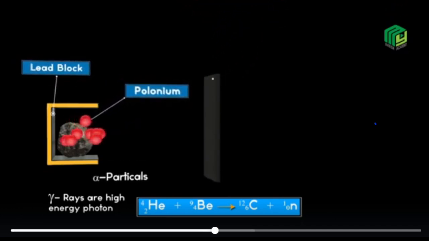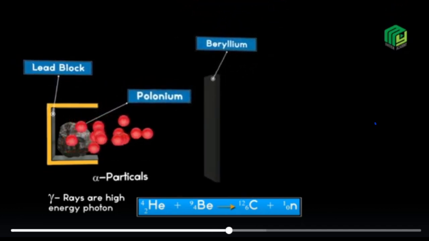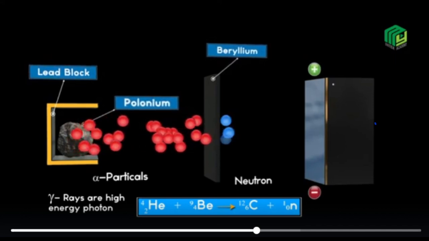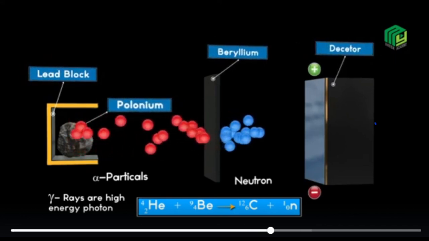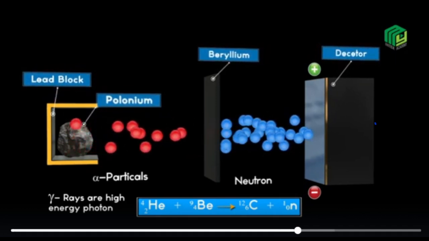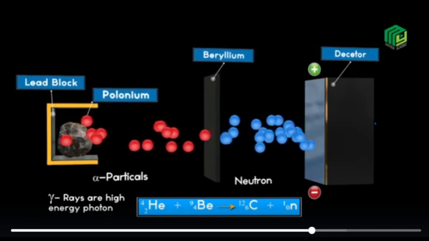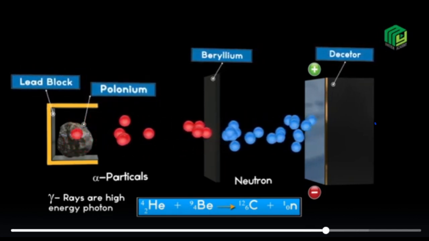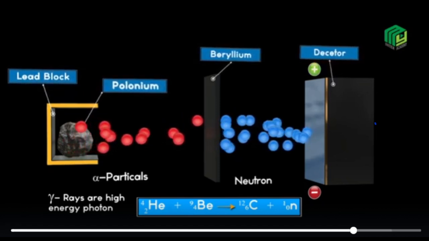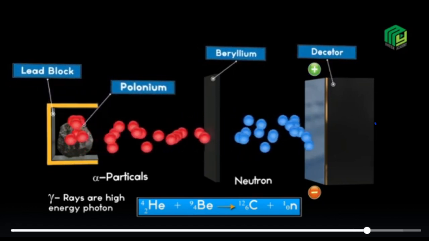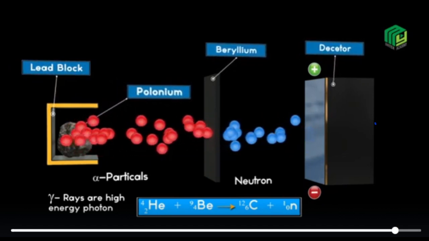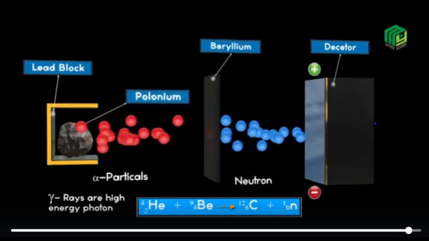When alpha particles strike the beryllium metal, they release one neutron with the formation of carbon. A detector was placed after the beryllium metal to detect the type of particle. The detector did not show any deflection. This leads to the conclusion that the particles are neither positively charged nor negatively charged. They are neutral. This experiment leads to the discovery of neutron.